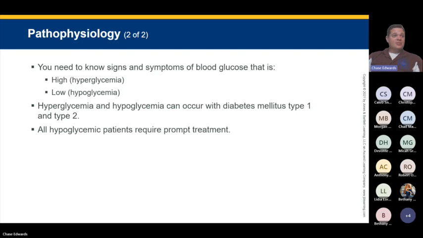You're going to encounter many patients that display the signs and symptoms of high and low blood glucose levels. Hyperglycemia and hypoglycemia can be very similar in the way that they present in our patients.